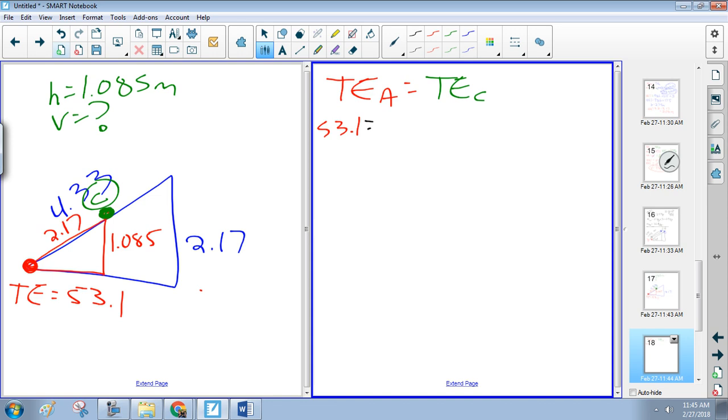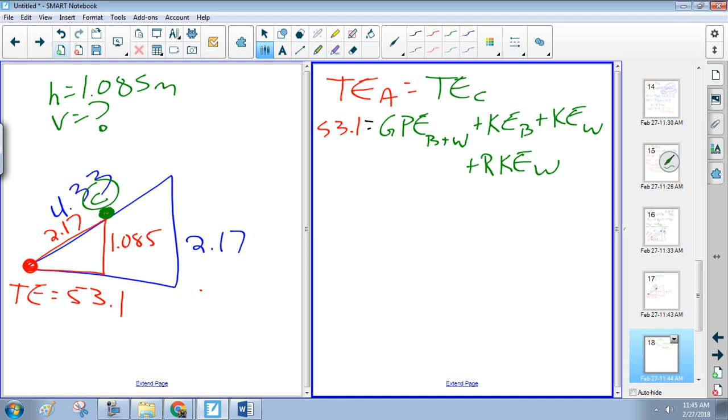That's got to equal, let's see, at point C we got a ton of things. We've got gravitational potential energy of the body and the wheels, kinetic energy of the body, kinetic energy of the wheels, and rotational kinetic energy of the wheels.